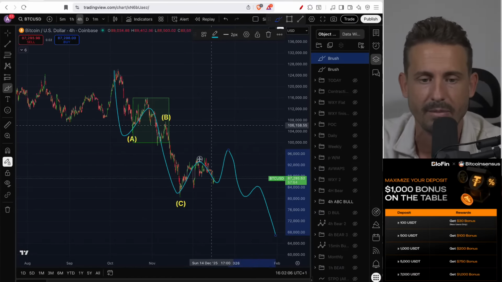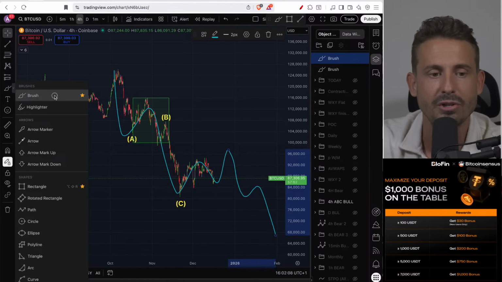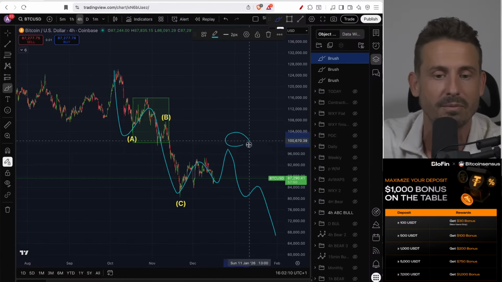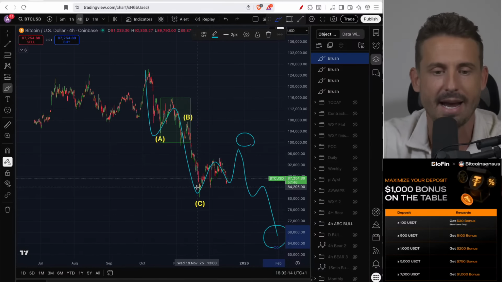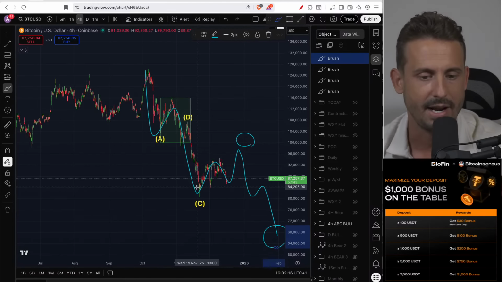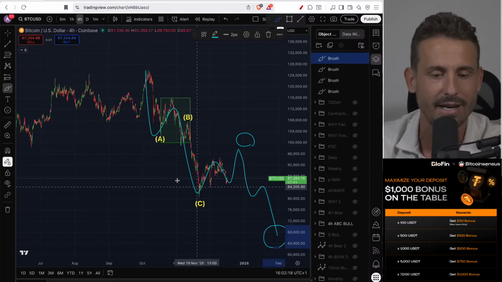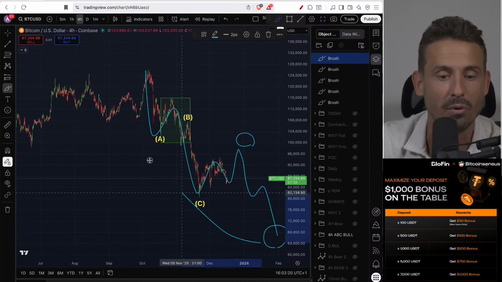Somebody said here in the comment section, we go to the 102, 103k zone, and then we go to 60k. That would be a double zigzag in a WXY. We're not looking at this as an impulse.